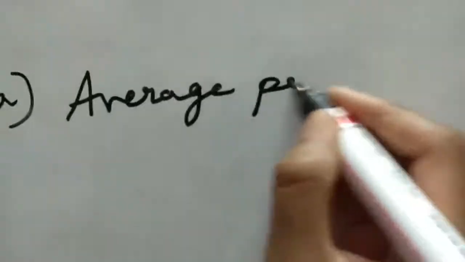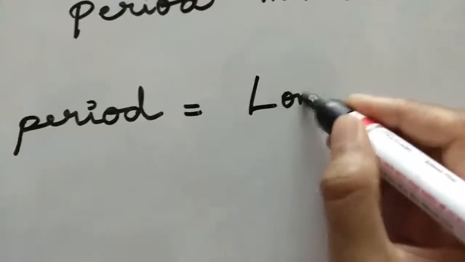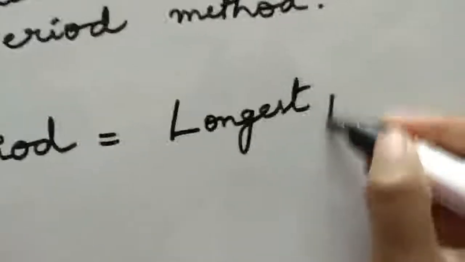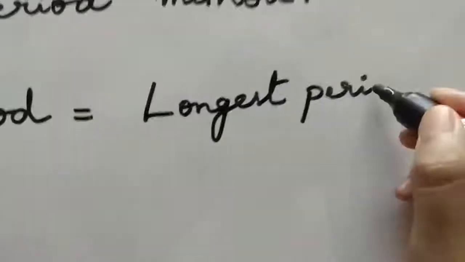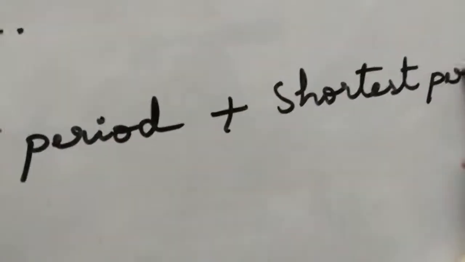So first we are going to go for average period. How to find out average period for all the three partners? So moving on to the formula, average period, as I said, it is longest period plus shortest period divided by 2.